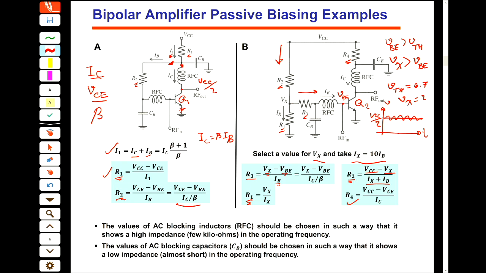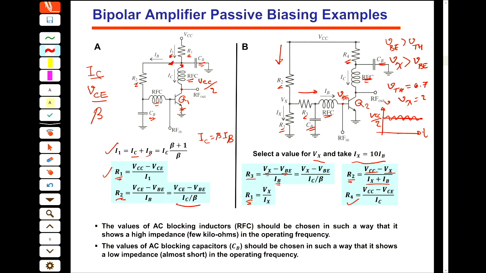So in this circuit we have this RF choke and this RF choke, this AC blocking and this AC blocking. In this circuit the same. We have RF choke and RF choke, AC blocking capacitor and AC blocking capacitor. These 4 elements help us to isolate our DC path from our RF path.